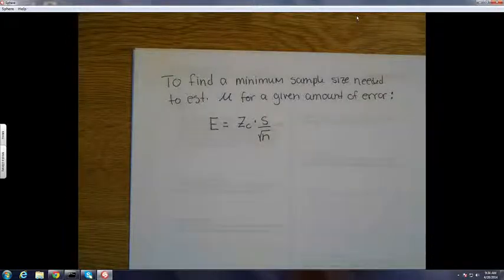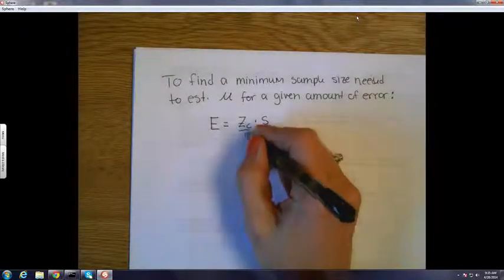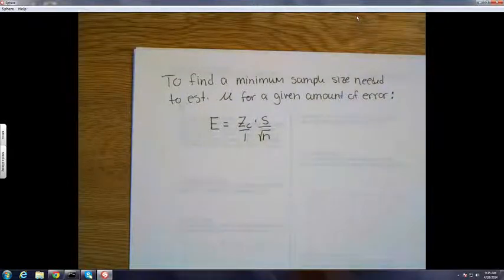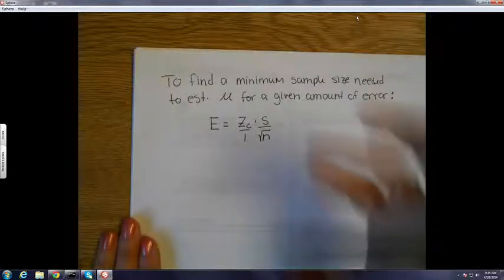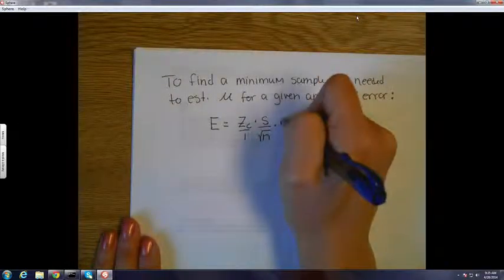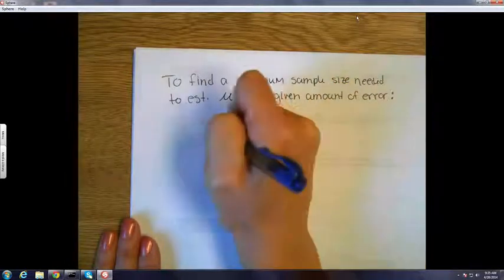I don't see an add in there where I should be subtracting anything. The n's trapped in the bottom here. First thing I would do is get n out of the bottom. How do I get n out of the bottom? Multiply. So the first thing we're going to do is multiply by square root of n on both sides.